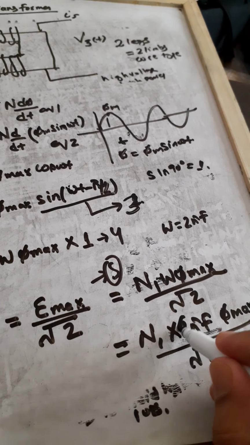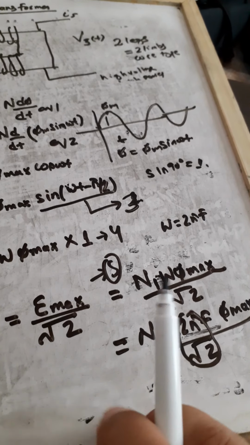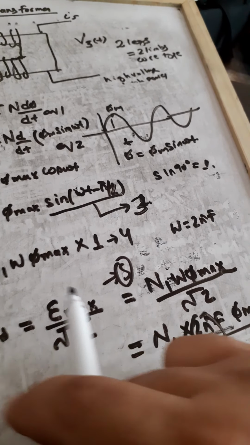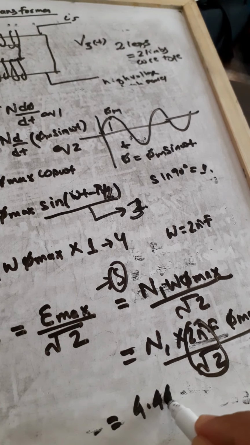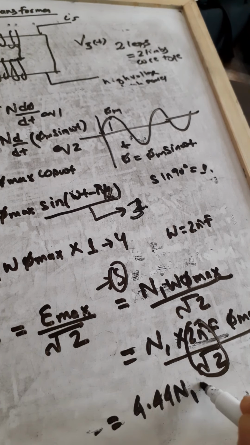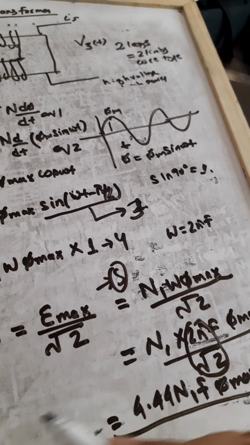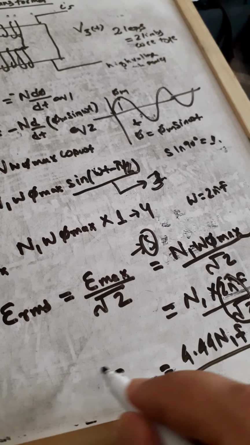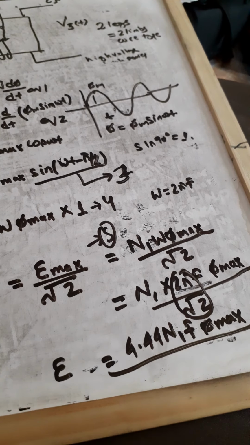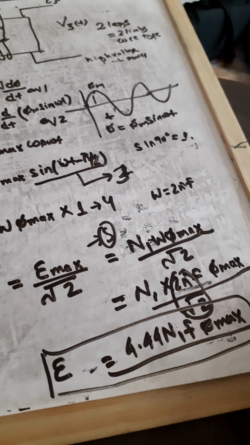This term 2 pi divided by root 2 gives around 4.44, so E is equal to 4.44 N1 f phi max. This is your EMF equation of the transformer. Here we conclude.